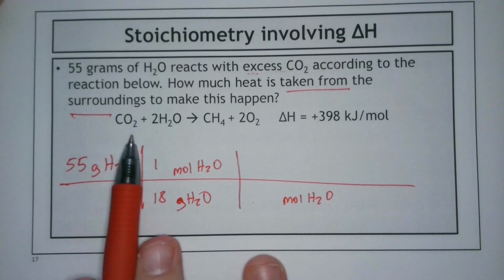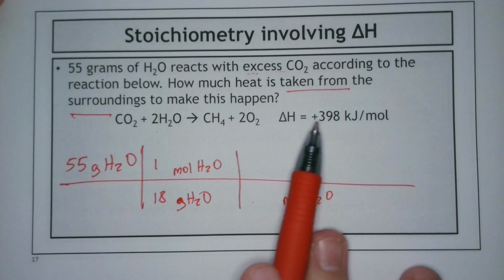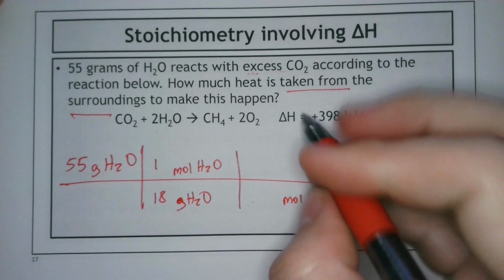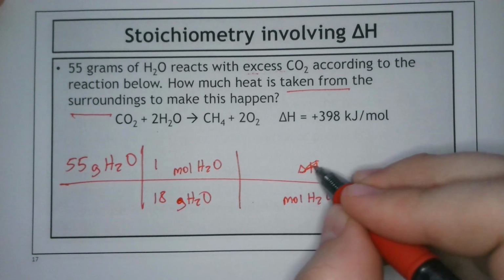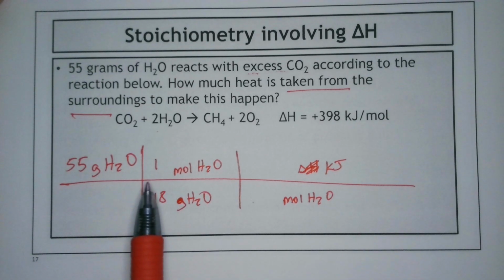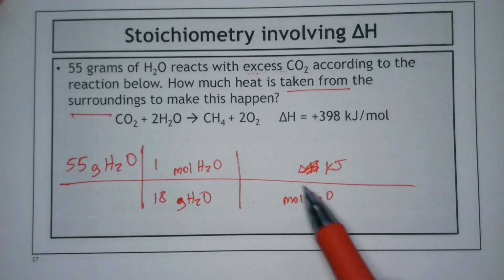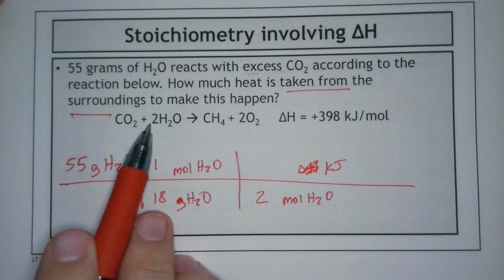Now moles you can convert to any of these other quantities, or enthalpy. So my moles of H2O, I'm just going to turn that into enthalpy, or technically, I should use the unit of enthalpy, kilojoules. And now here you're going to put basically a mole conversion. H2O's number is a 2, so I'm going to put a 2 down there.